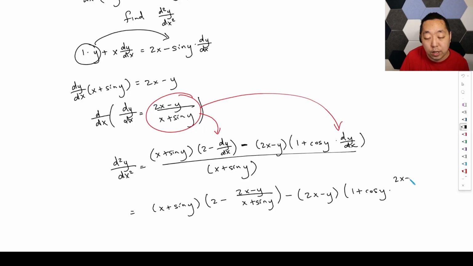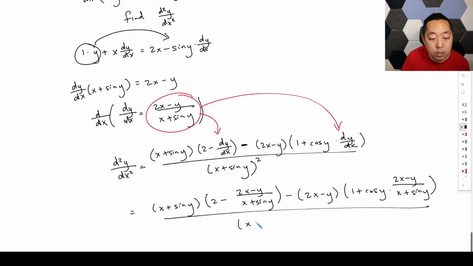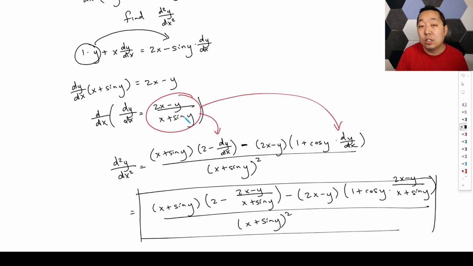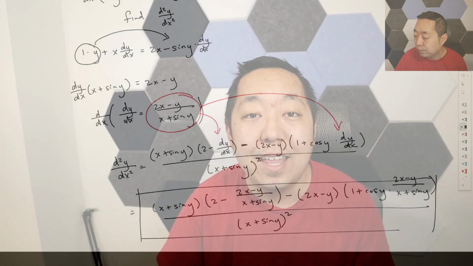I'm not going to simplify because there's no point in simplifying. This is just to illustrate what the process is for you when you are asked to find the second derivative. Oh, this is supposed to be squared, x plus sine y. So don't forget when you do the second derivative, you still have some y's in there. Got to throw in by chain rule some dy/dx's, but we know what dy/dx is, so we can substitute those in, right?